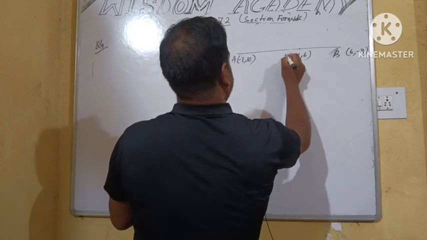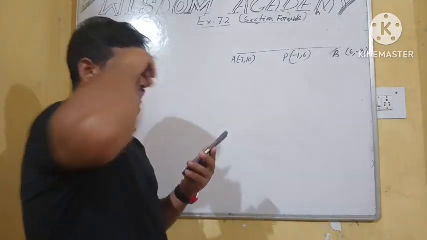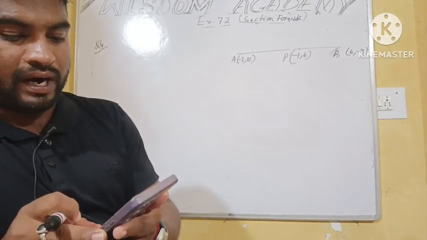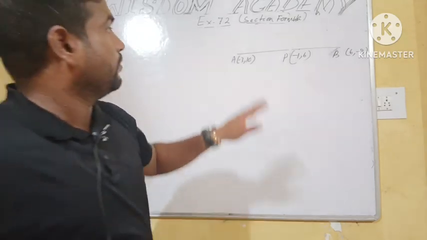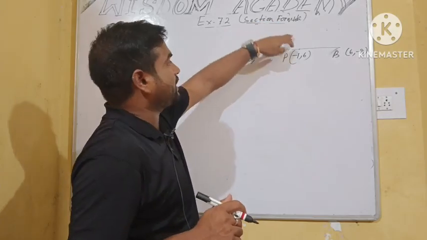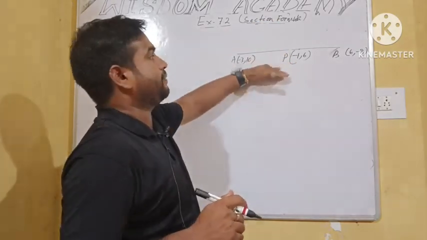Suppose P is the point which divides it. We have to find in which ratio the point P divides the line segment AB internally.